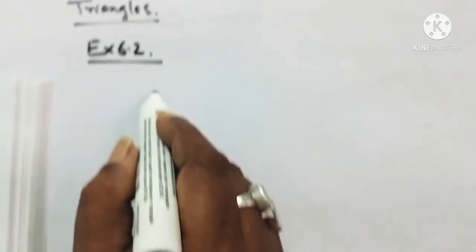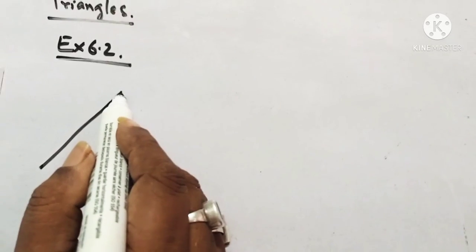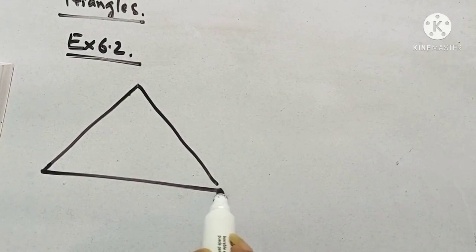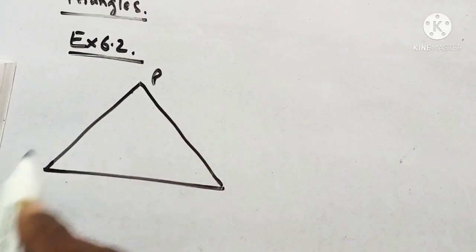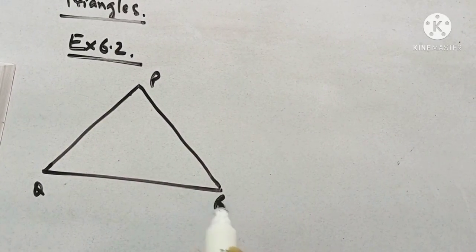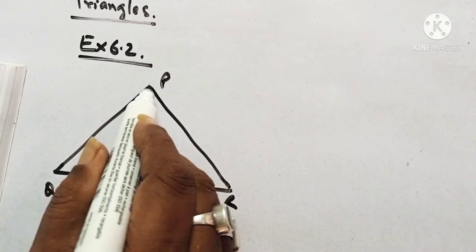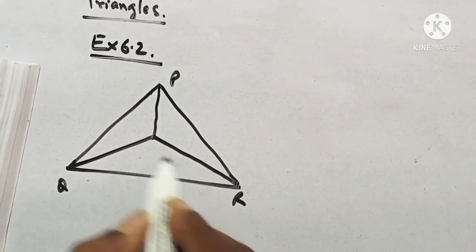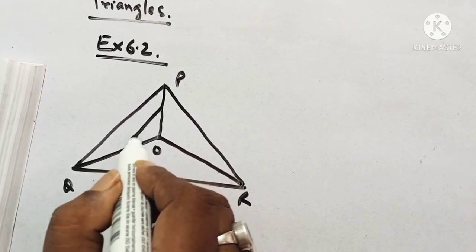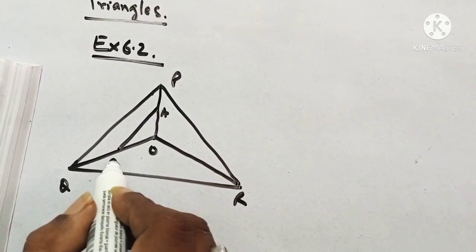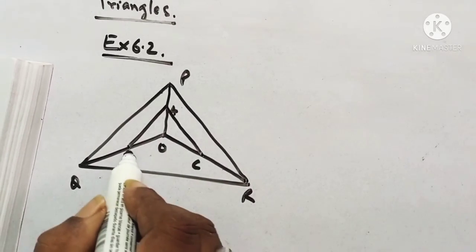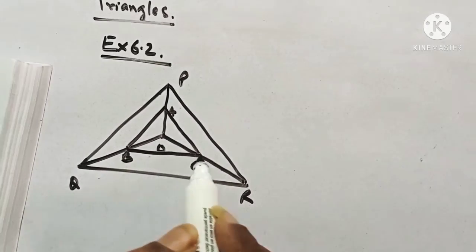So the figure is like this. This is your figure, PQR, and here O. This is your A and B. This is your C and this is BC.